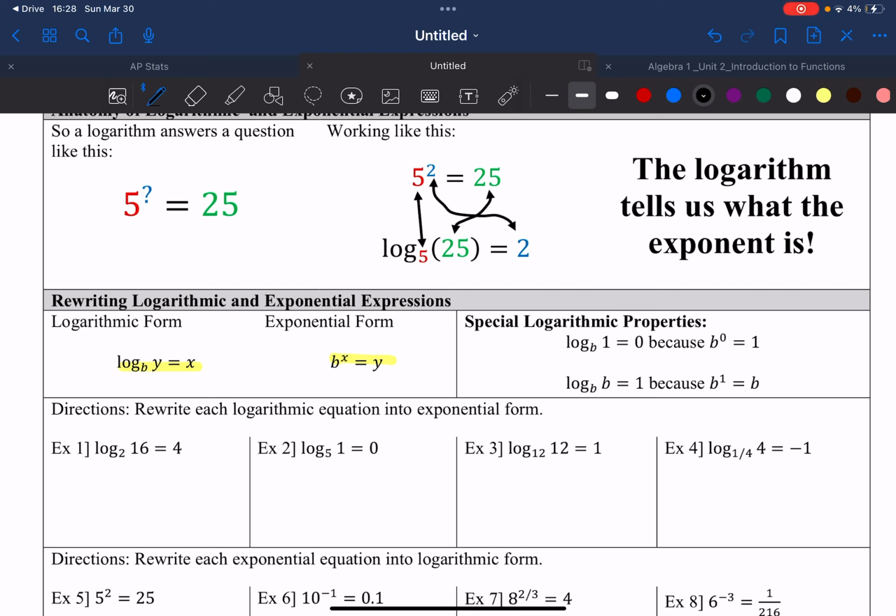This is log base 8 of 4 is equal to 2/3. This is log base 6 of 1 over 216 is equal to -3. Okay, so that's how to rewrite them back and forth between logs and exponential.